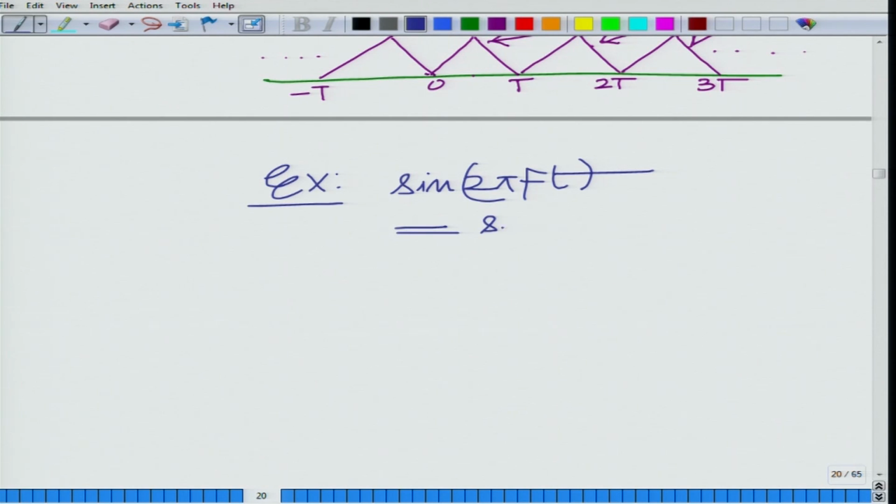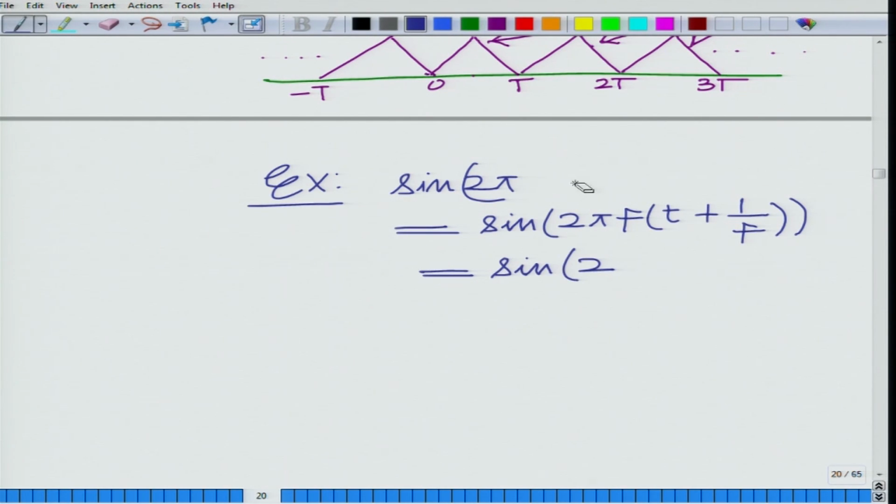You can see that this is equal to sine 2 pi f t. The period here is going to be 1 over f, correct? Let us just make it sine 2 pi t.